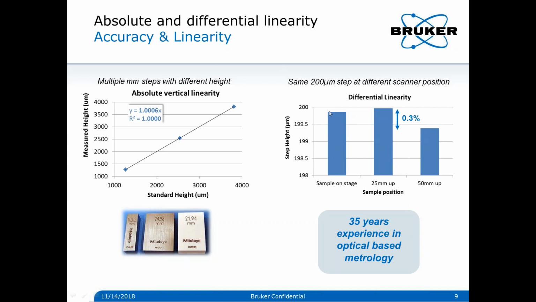So we can measure a 200 micrometer step whether it's on the stage, lifted by 25 millimeters, or lifted up by 50 millimeters, and ensure that the differential linearity is better than 0.3%. This means that irrespective of the position along the scanner, you will be able to measure the same step or same roughness accurately.